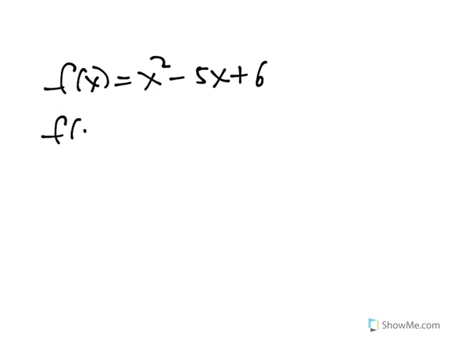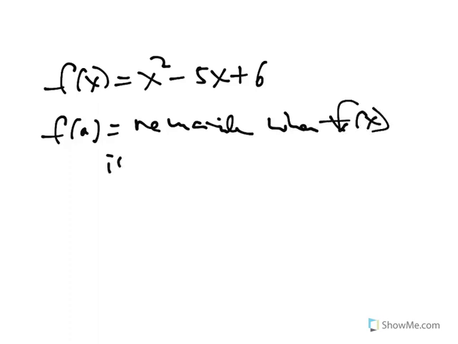I also want to mention quickly that there's something called the remainder theorem, where that says if you have a function, f of a is equal to the remainder when f of x is divided by x minus a.